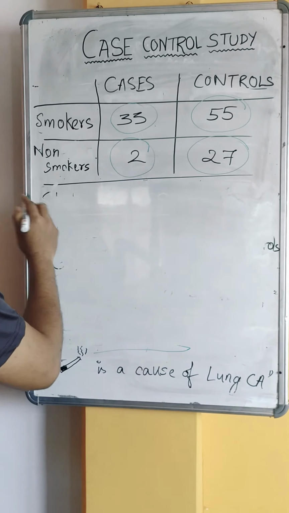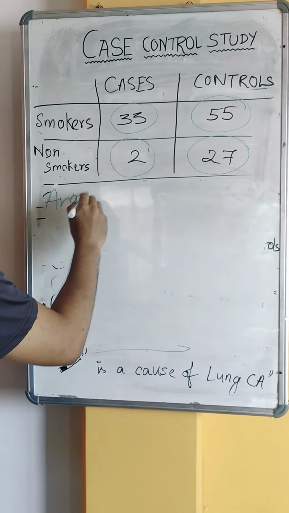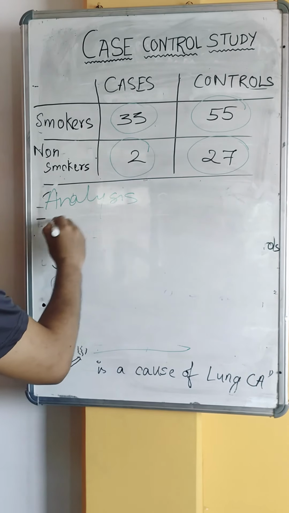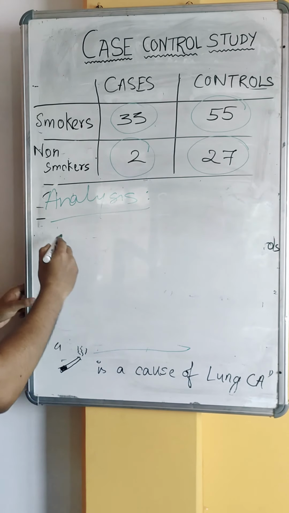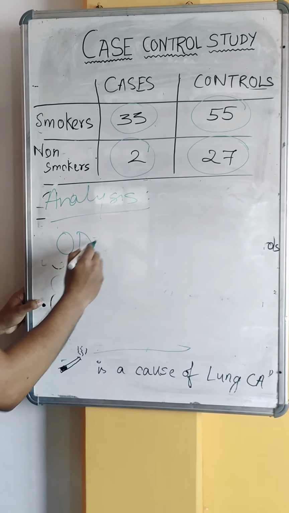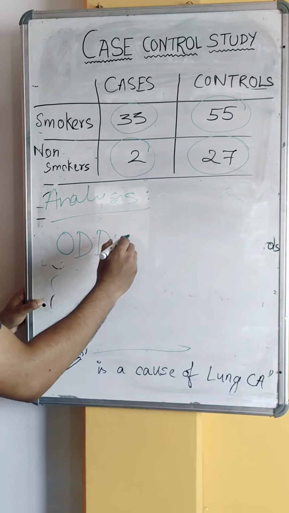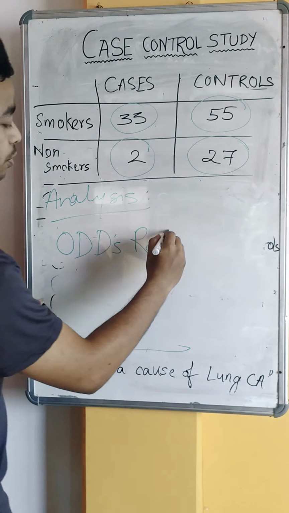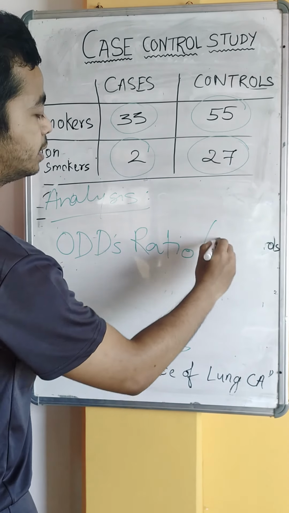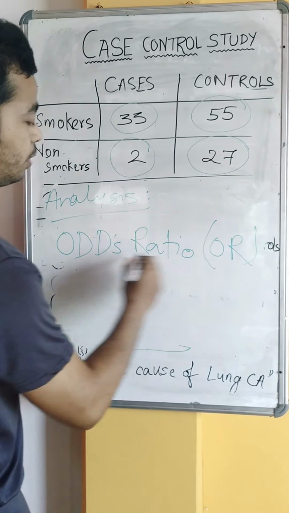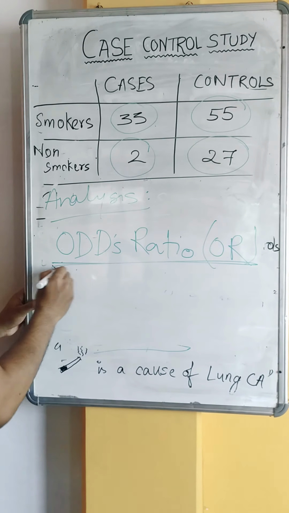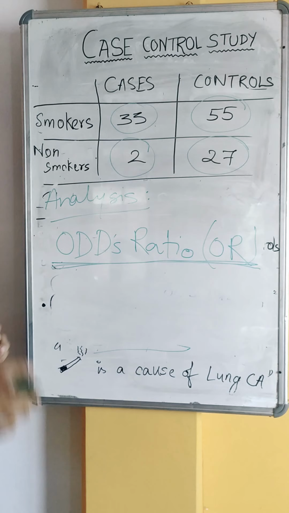So in the analysis part, we have to basically calculate the odds ratio, also denoted as OR. How to calculate this odds ratio? Calculation of the odds ratio is very easy.